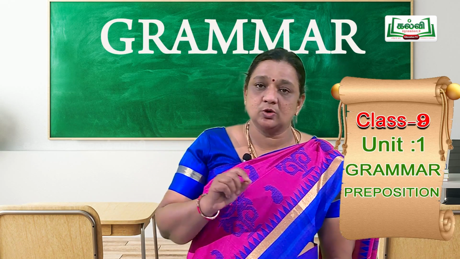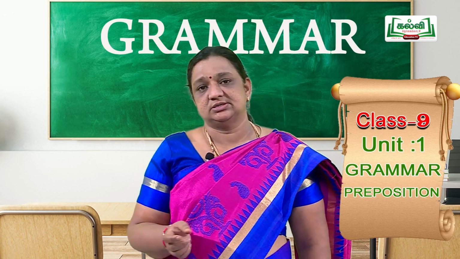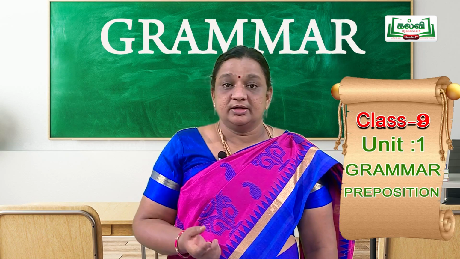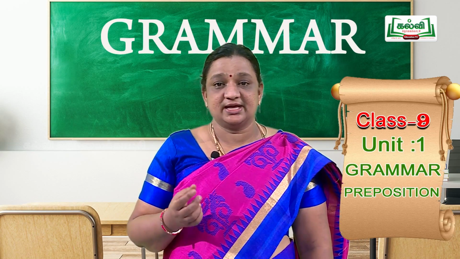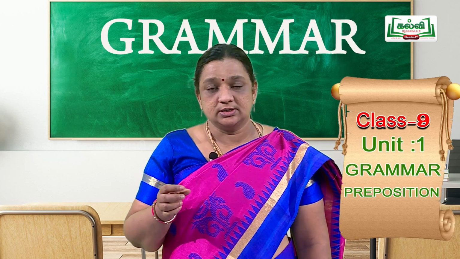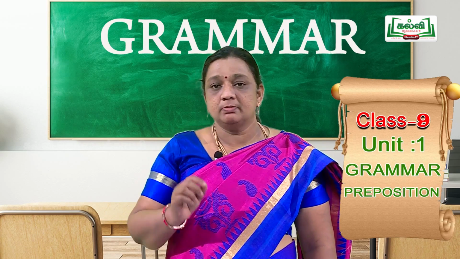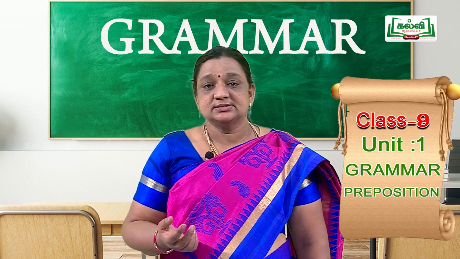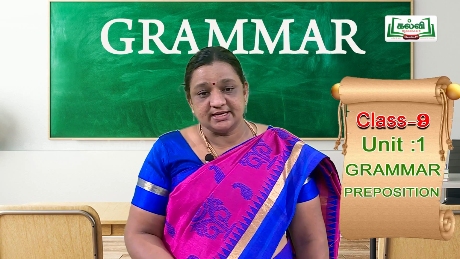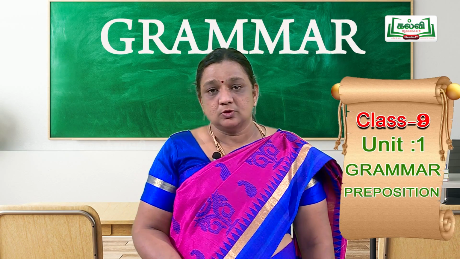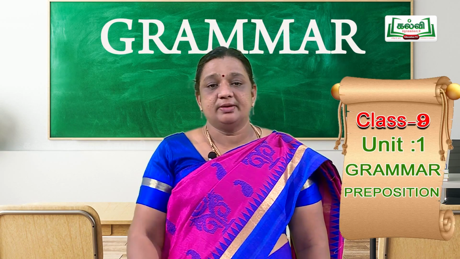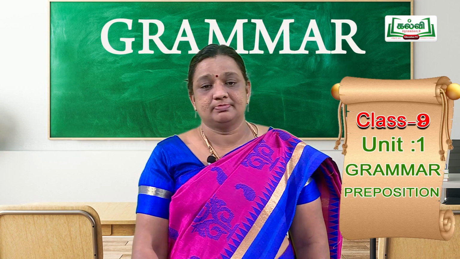In our earlier classes, when we were reading grammar, we used the sentences: the cat is on the wall, the book is on the table, the ball is under the table. All these sentences tell us the preposition of place.